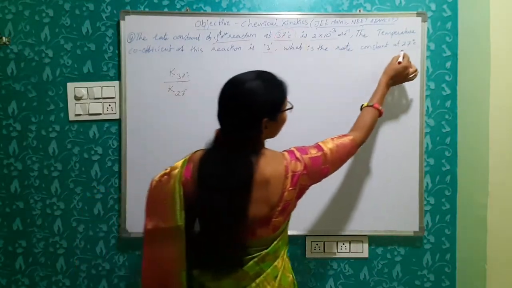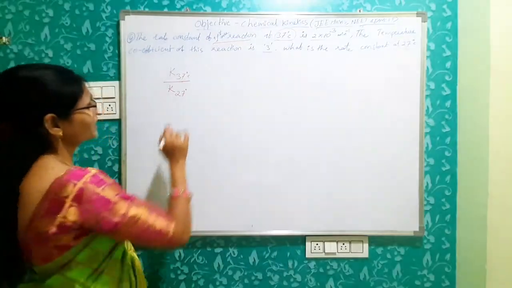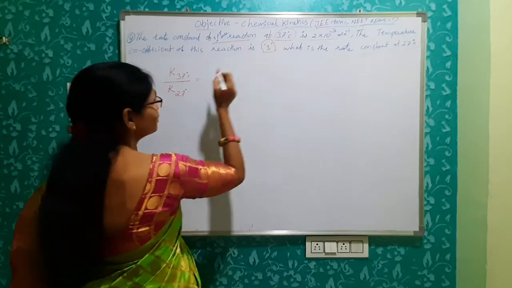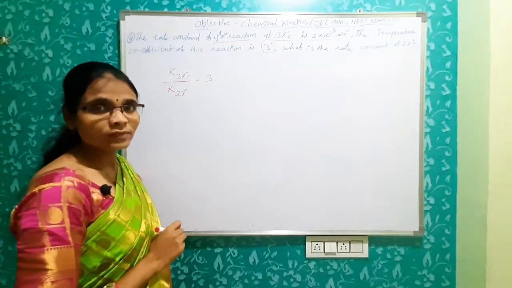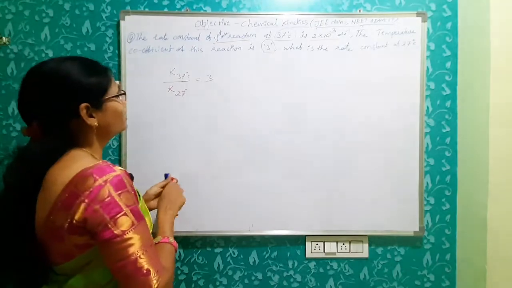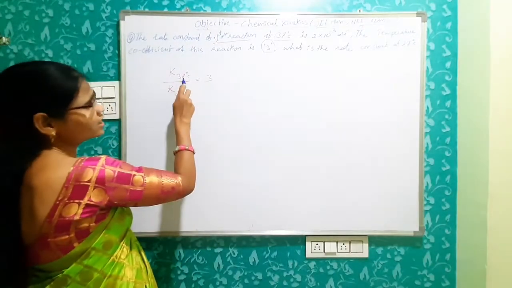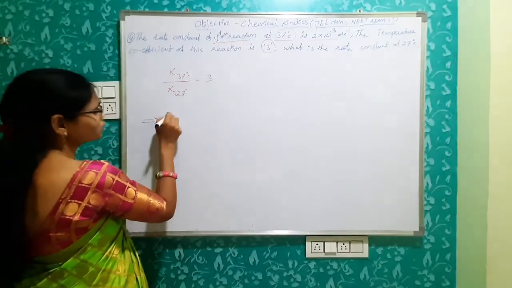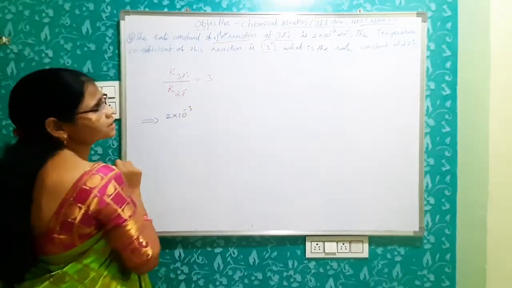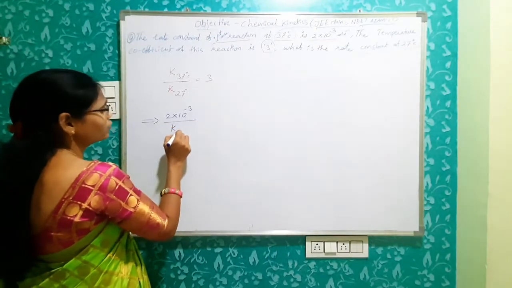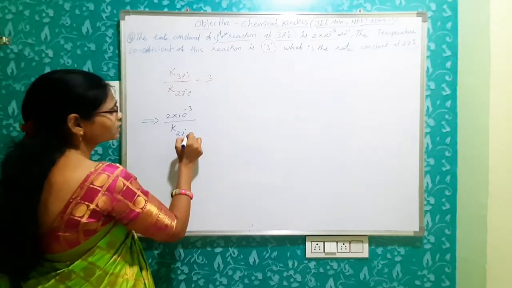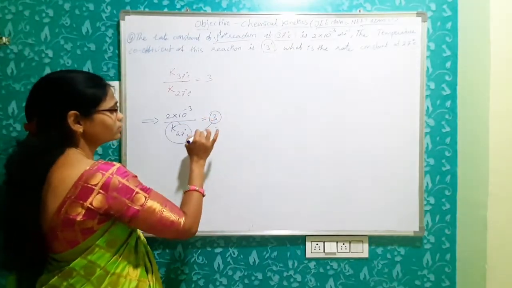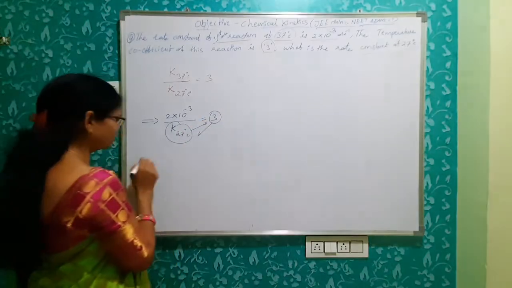The temperature coefficient value is 3. So the rate constant K at 37 degrees Celsius is 2 into 10 power minus 3, divided by K at 27 degrees Celsius, equals 3. These places are exchangeable for calculation. We will get what?